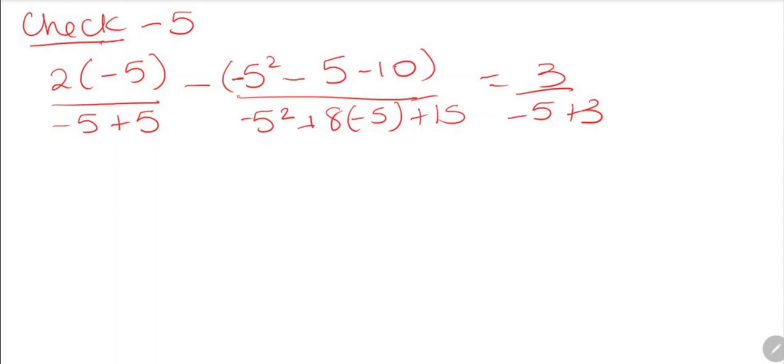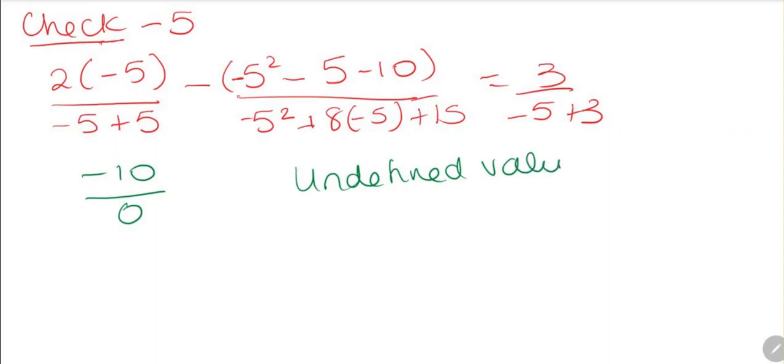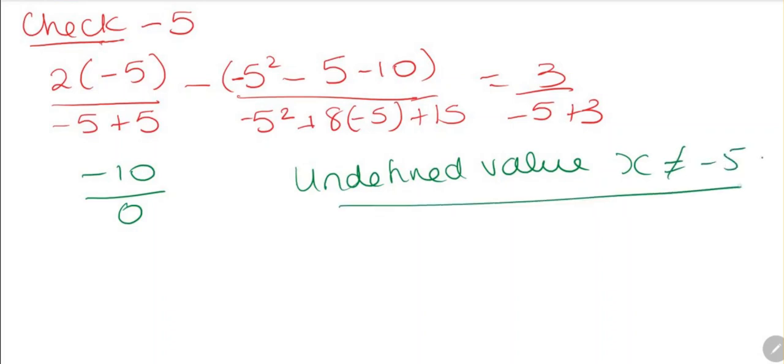So if we have a look at this, we're going to have 2 times minus 5 is minus 10. Minus 5 plus 5 is 0. Okay, I'm not going to continue. I know I cannot divide by 0, so I've got an undefined value. So we know that x cannot be minus 5, so that is not an option.